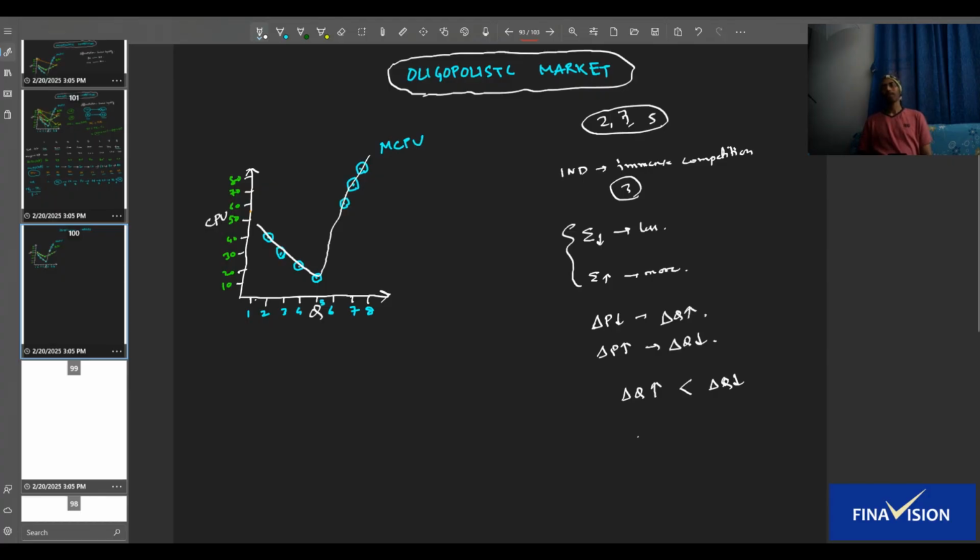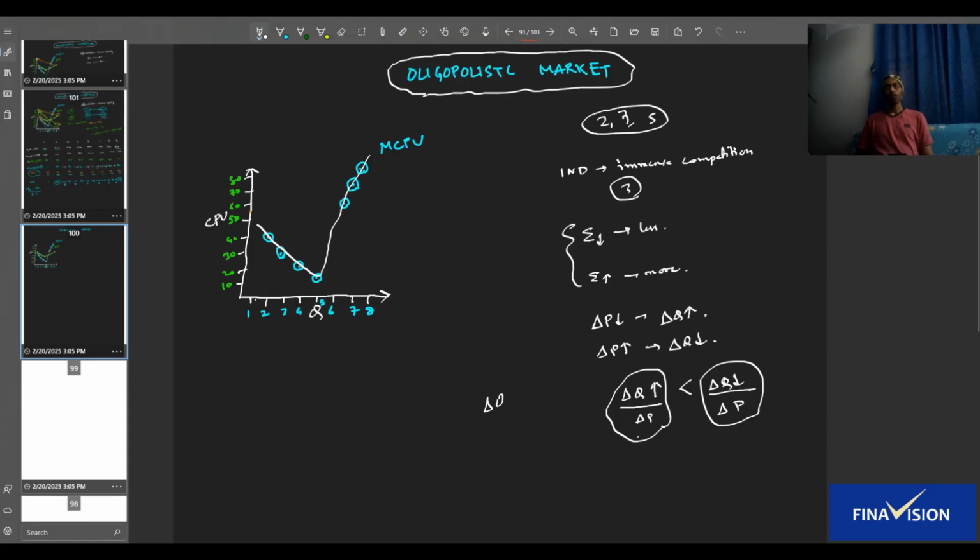Let's divide both sides by del P. Del P, del P. So what we have here is 2 different demand curves. When the price is moved upwards, this is the demand curve, the right one. And when the price is moved downwards, this one is the demand curve, right? What is the difference, friends?